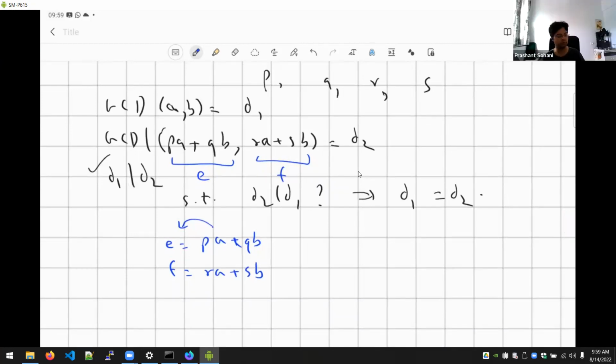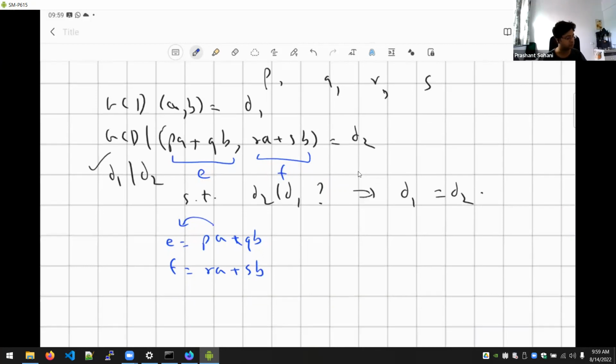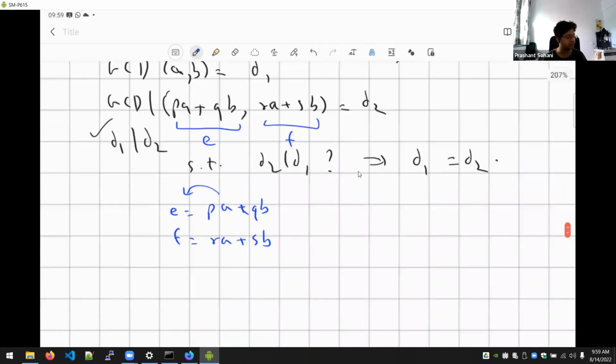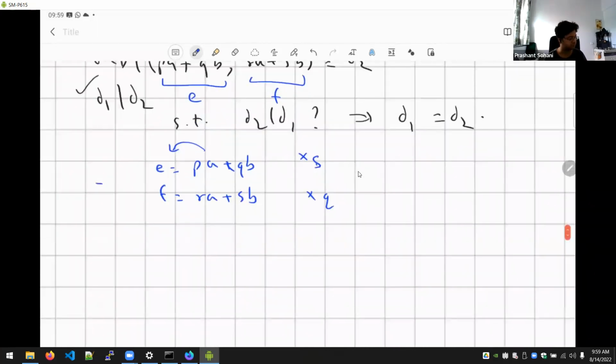Yeah, Cramer's rule, or simply solve just the way you solve any simultaneous equation. So, for example, let's say we want to eliminate B. We'll multiply the first equation by S, the second equation by Q, and subtract.